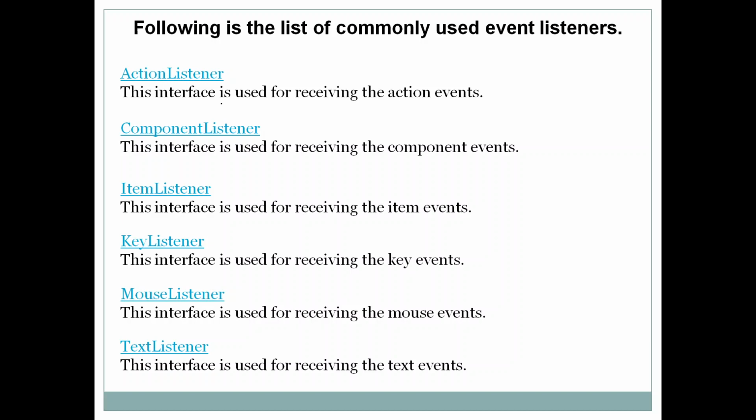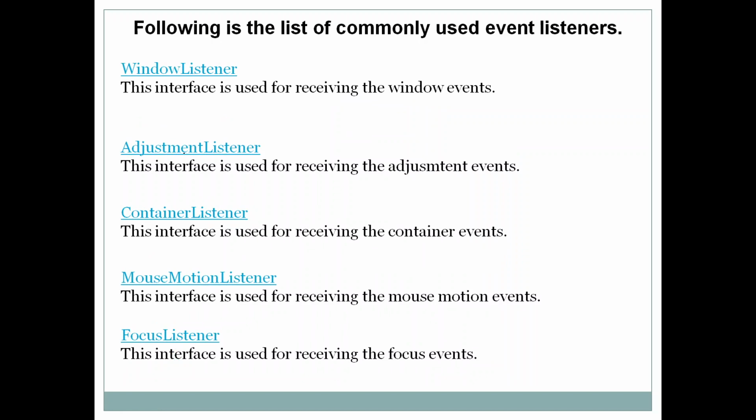The interfaces are ActionListener, used to receive action events, ComponentListener for component events, ItemListener for item events. Like that we have KeyListener, MouseListener, TextListener, WindowListener, AdjustmentListener, ContainerListener, MouseMotionListener, FocusListener, and so on.